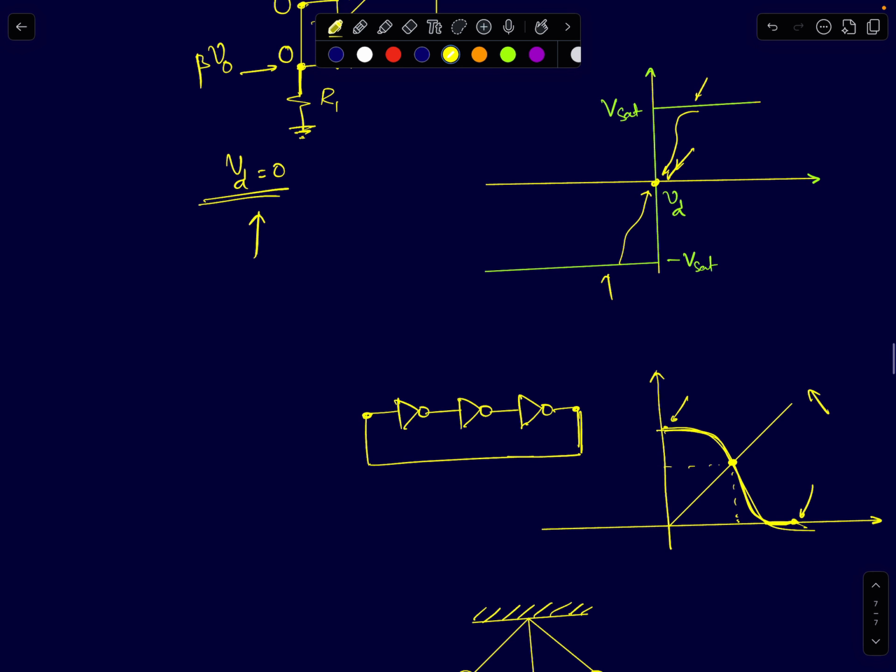But what happens is that in oscillators, especially in oscillators, at DC there will be negative feedback. That's one very important quality for an oscillator: you need to have a stable operating point, and an oscillator will always keep trying to reach that stable operating point.